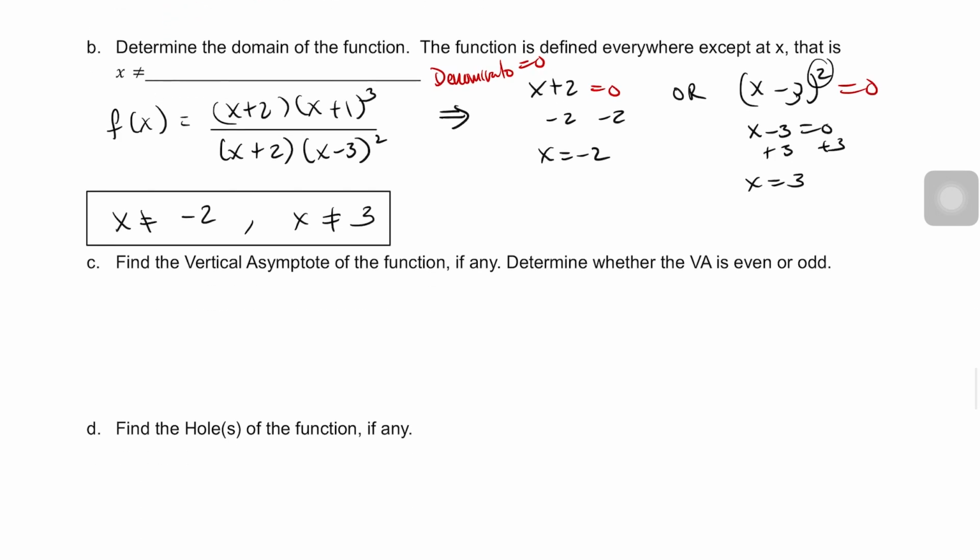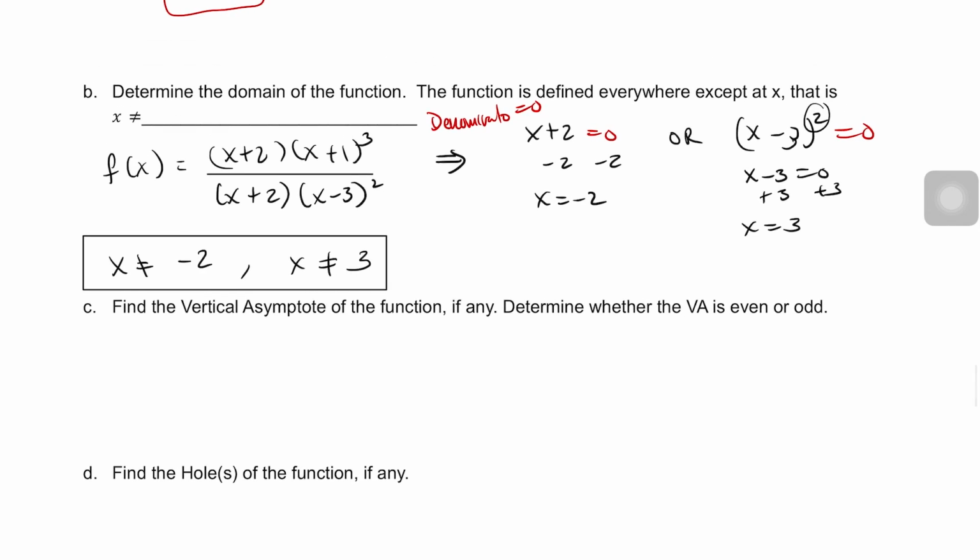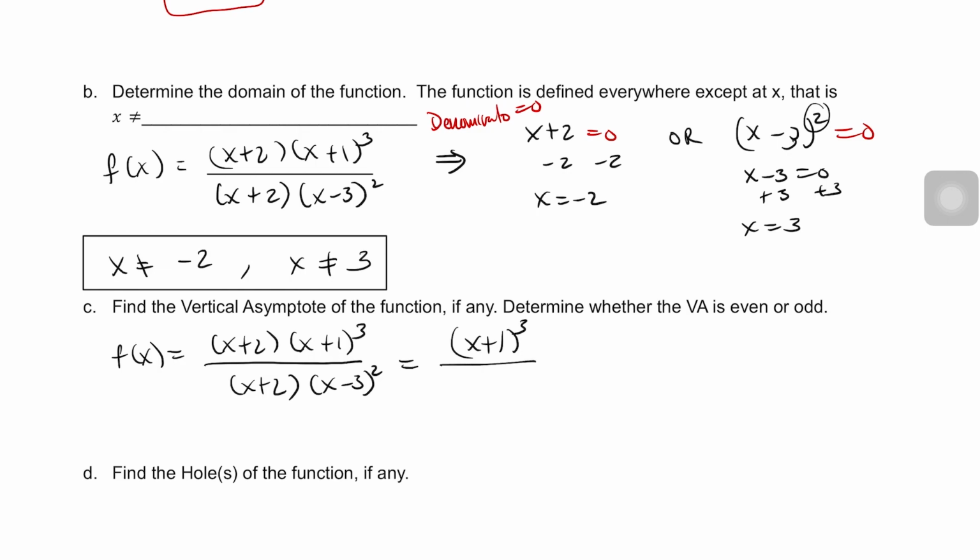The next one is, let's find the vertical asymptote of the function, if any, and determine whether the vertical asymptote is even or odd. When we look at the vertical asymptote, remember that we're trying to understand the behavior of the function. The behavior will be clear whenever we write it in the simplified form, so we actually want to use the simplified form.